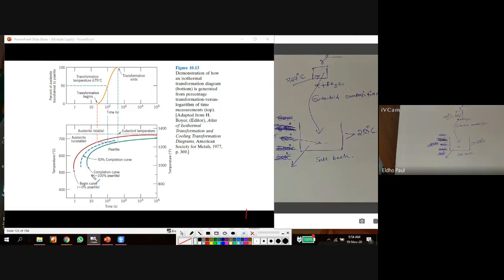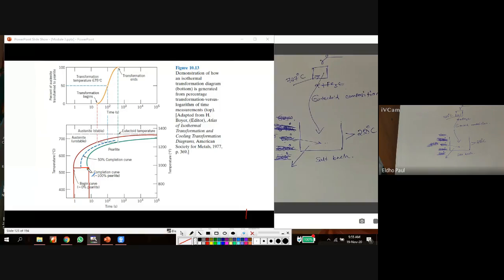For example, bainite is almost entirely formed in this region. What is the time required? Here it starts at 1 second and ends at 9 seconds. Only 8 seconds is required for this conversion.